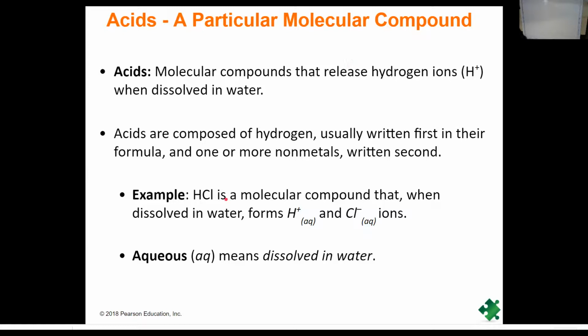We have an example here of HCl. HCl, when it's dissolved in water, is going to form hydrogen ions and chloride ions. This little aq notation down here indicates the word aqueous, and aqueous means that it's dissolved in water.